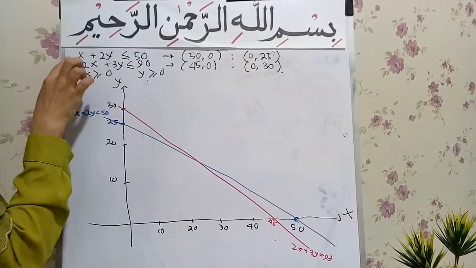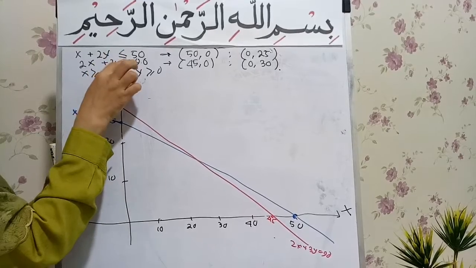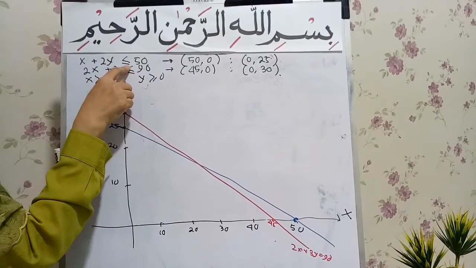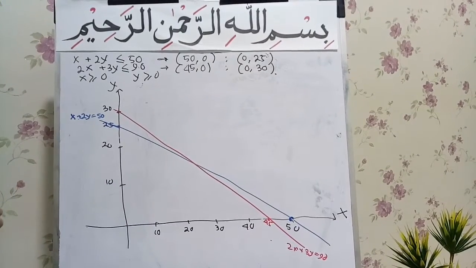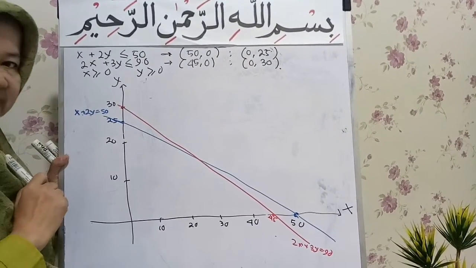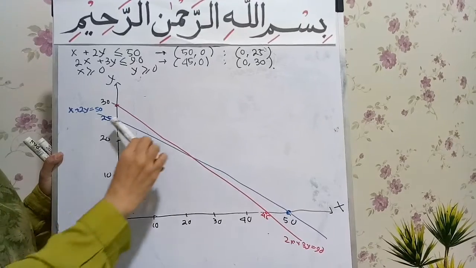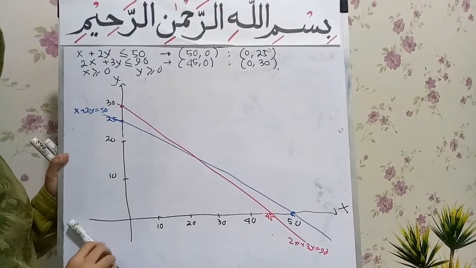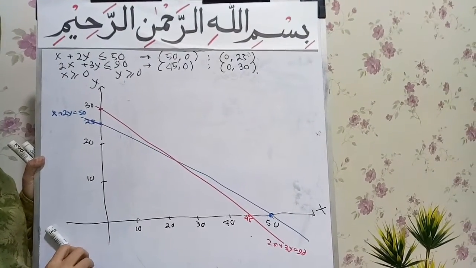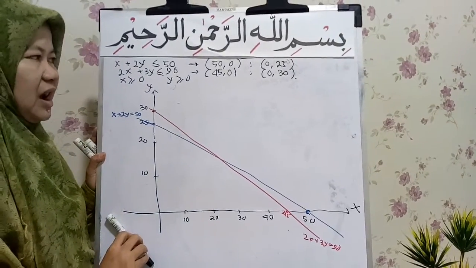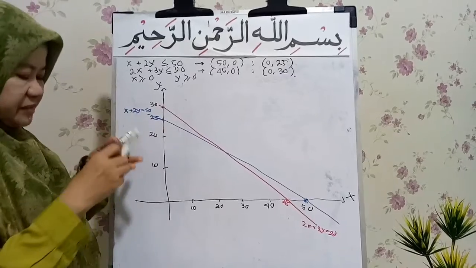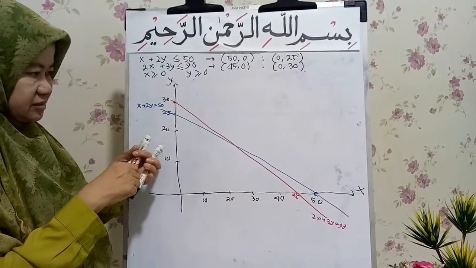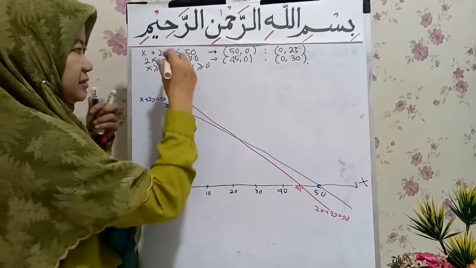We look at this, x plus 2y less or equal than 50 for this equation. Which is the region? The region is over here. But to have a clear region, I will draw the opposite one. I will graph that the solution is over here.